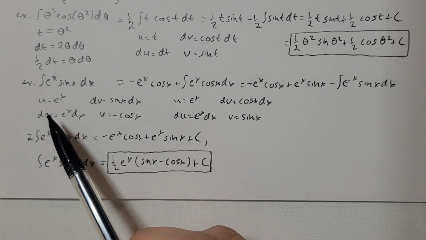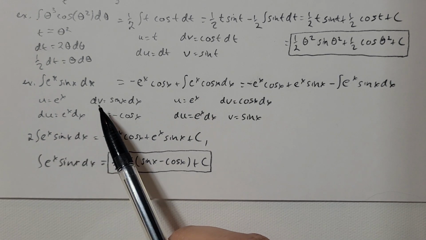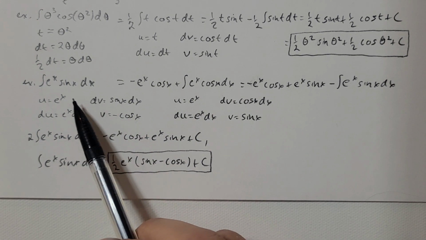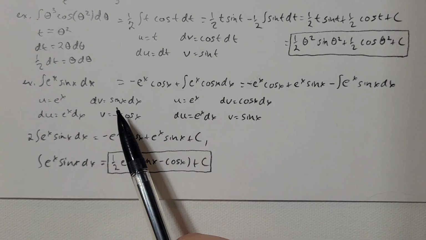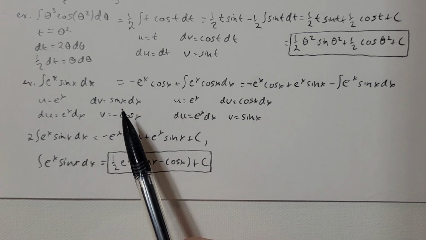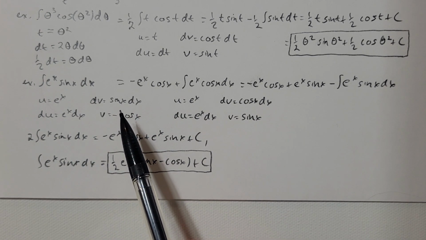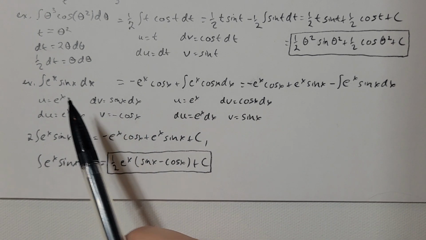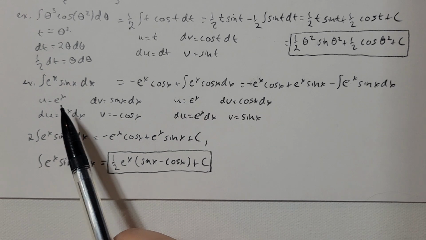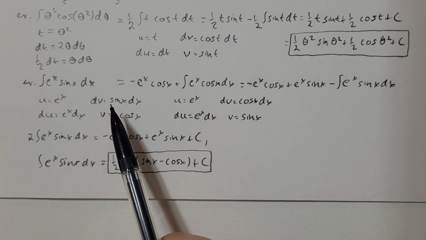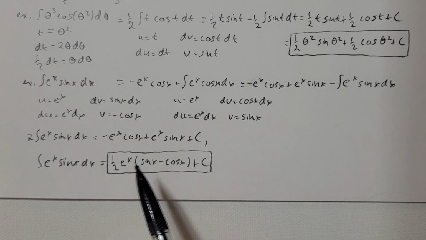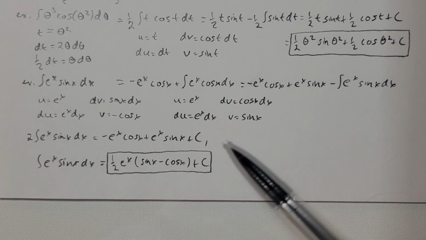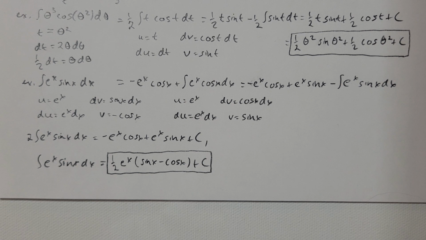If you let u be e to the x and dv be the rest of the integrand, sine x dx, that's a way to start. In this problem, it does not matter what you let u and dv be. If I were to let u be sine x and dv be e to the x dx, I would still get the same answer. That usually does not happen for nearly all these problems. Usually there's only one way to do the problem.